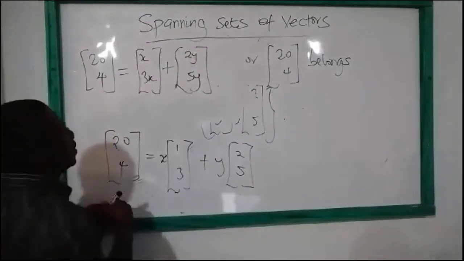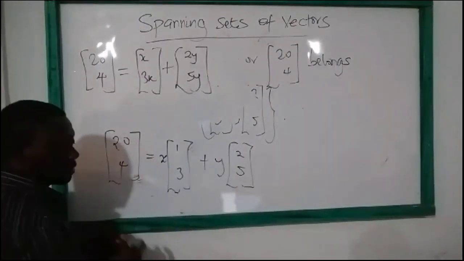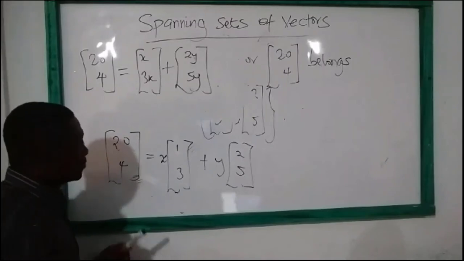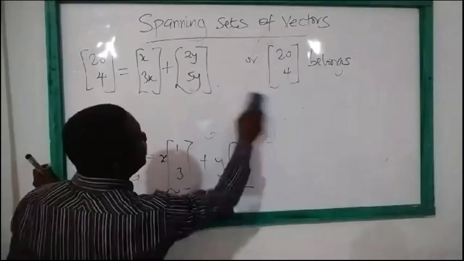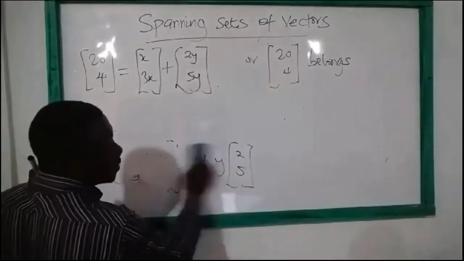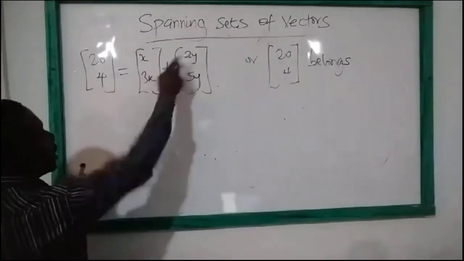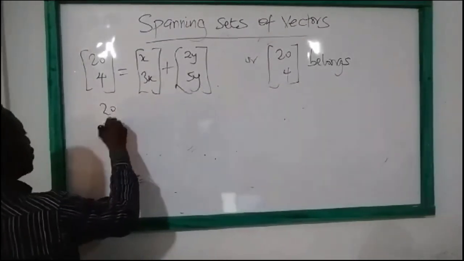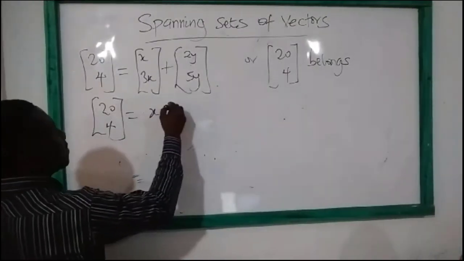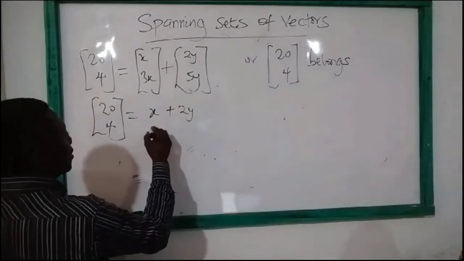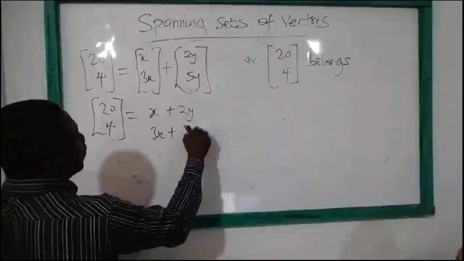From here, we can now add the sets of vectors. So it's going to be (2, 4) equals (x plus 2y, 3x plus 5y).